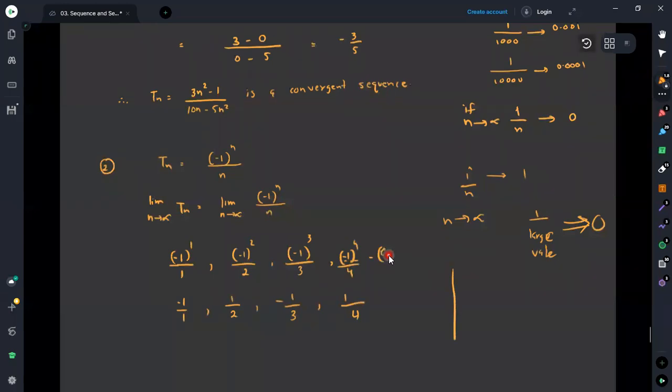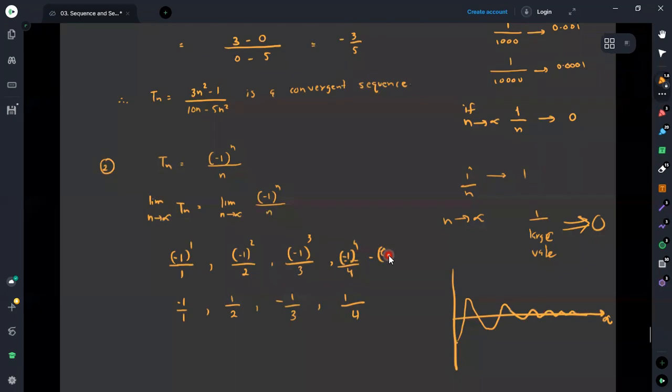Now if you draw this sequence, what you can see is it starts from minus 1, then the next value goes to a half, then to minus 1/3, then 1/4, then minus 1/5. Likewise, for whatever value, at the end it goes to 0. As n goes to infinity, this value goes to 0.